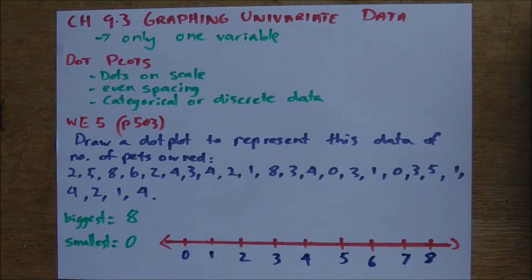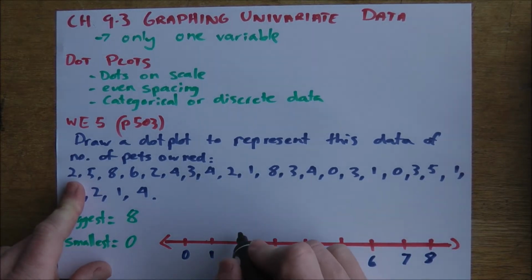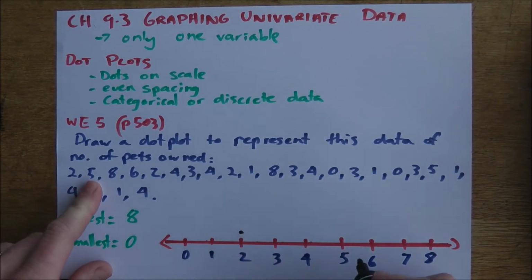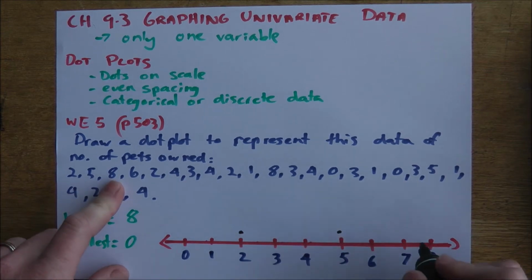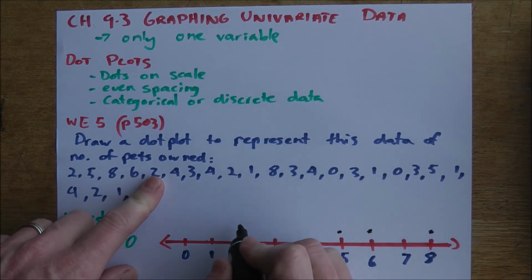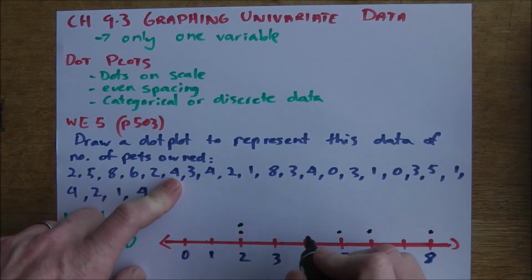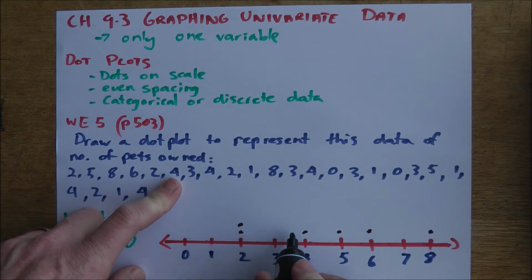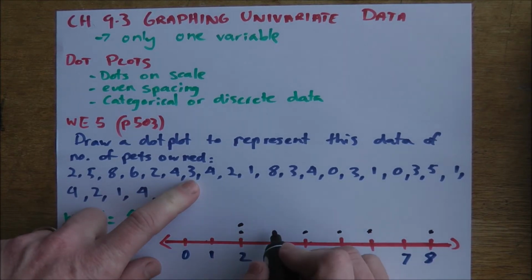And all we're going to do is put a dot on the line for each one of the results that we have. So we go through our data. 2, we put a dot on there. 5, 8, 6, 2, 4. And we try and keep them somewhat lined up. 3.